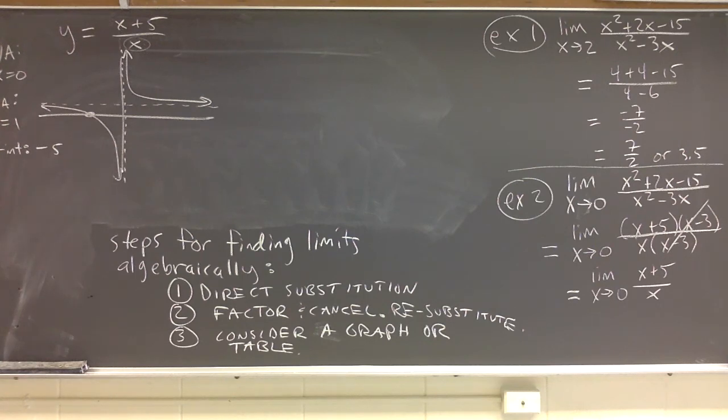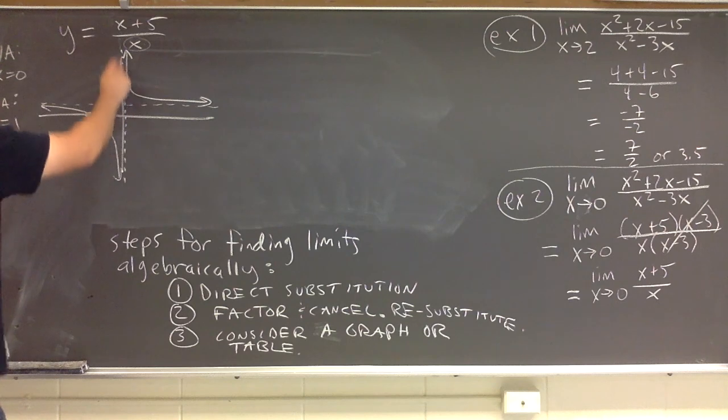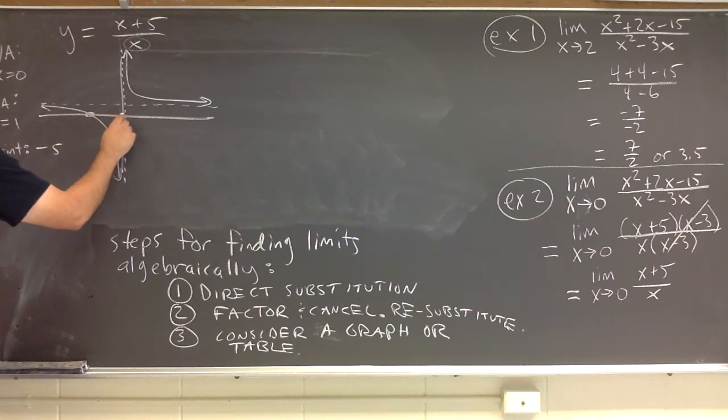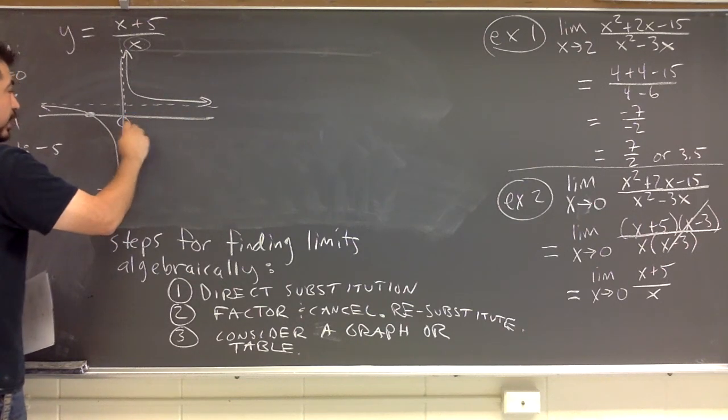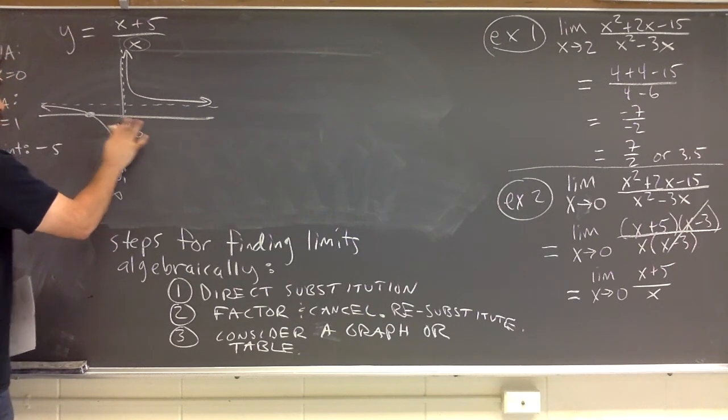All right, and so now, remember when we did limits graphically, we want to explore going to, so here's 0. If I go to x equals 0 from the left-hand side, it looks like I'm going down. The graph is heading down towards negative infinity.